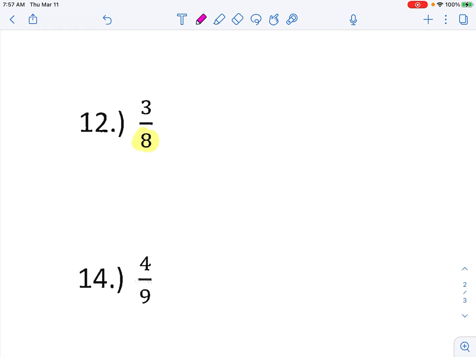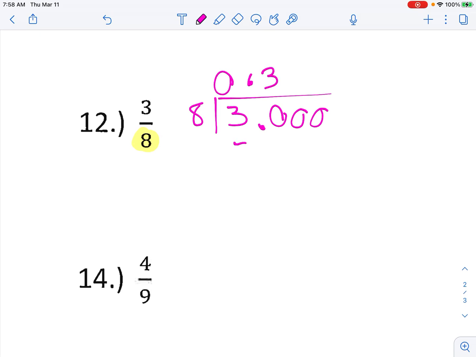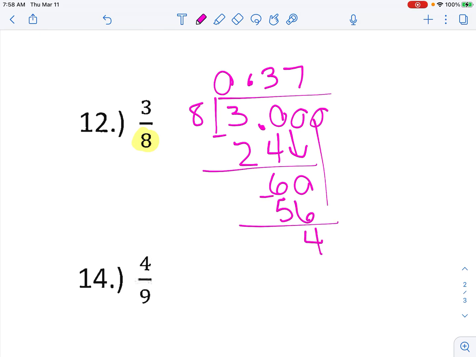3/8. Check the denominator. Is 8 a factor of 100? No. If it's not, you're going to have to do numerator divided by denominator. Add your decimal and your 3 zeros. Drop that next 0. Drop the last 0.